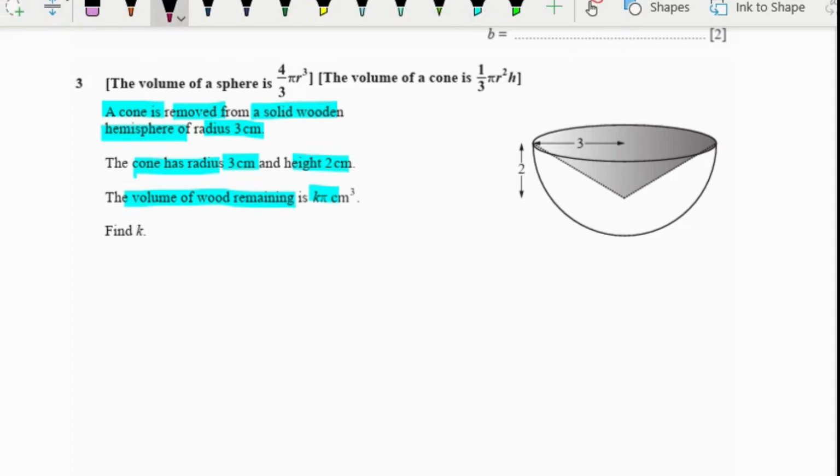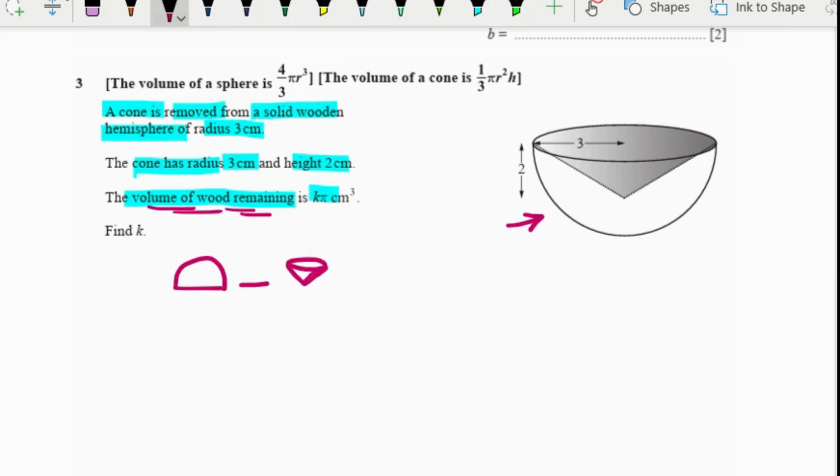So let's make a start. There are two shapes. You need to identify first how many shapes are given here. So you need to find the volume of remaining wood. This is wood that is basically in the form of a hemisphere, and you have to remove a conical part in this form.